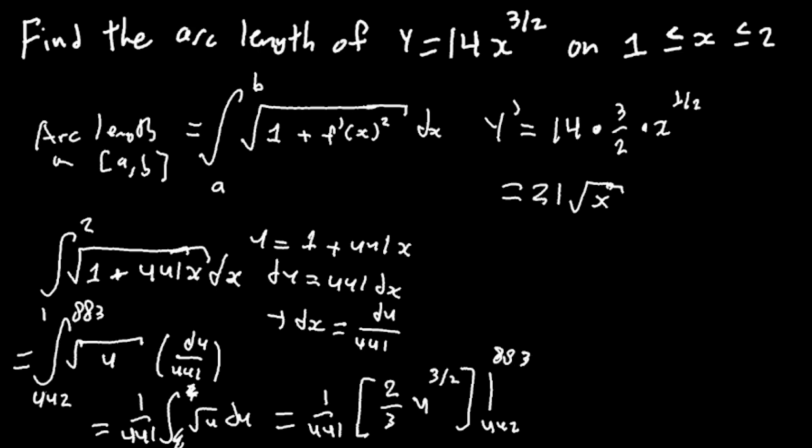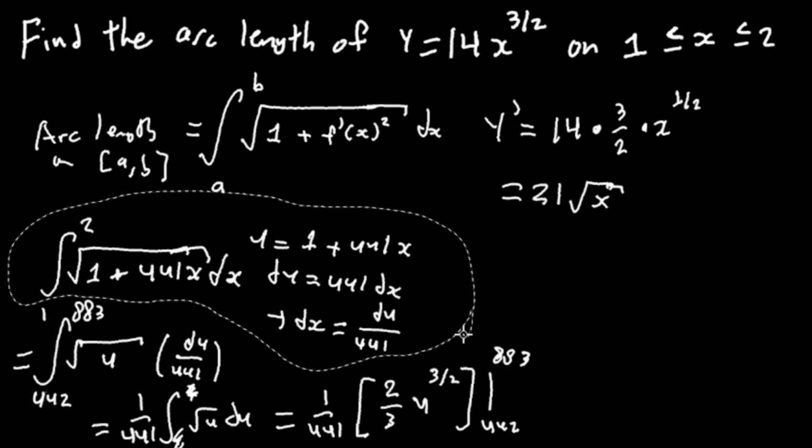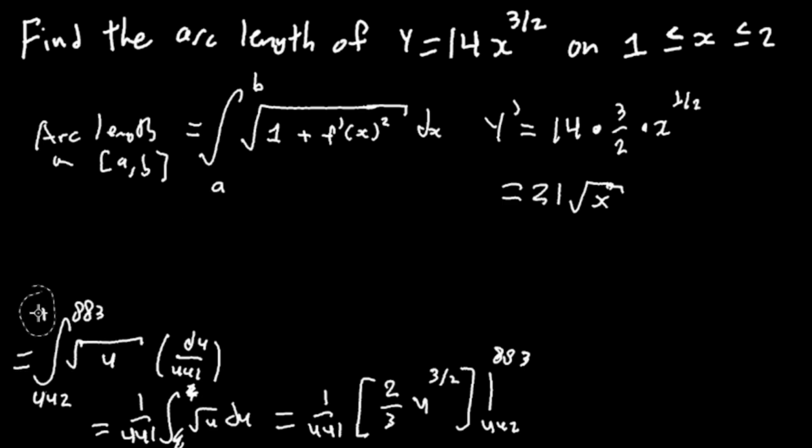Alright, now I'm going to make a little bit of room. So we can pull out that 2/3. That becomes 2 over 441 times 3. If I do that, 3 times 441 is 1,323. And then we have u to the 3/2.